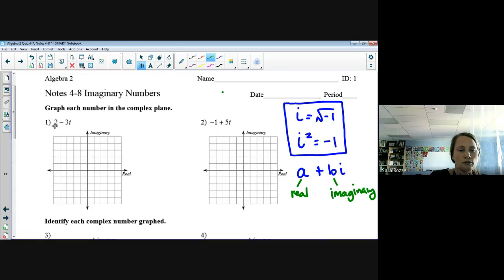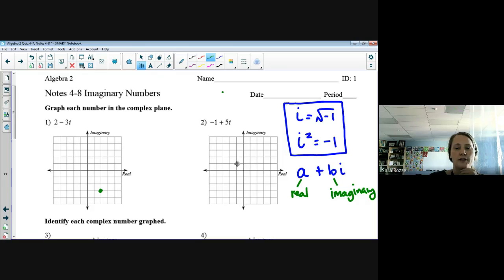So 2 is the real number, right? And -3 is the imaginary. So when we're graphing, we go +2 in the real direction and -3 in the imaginary direction. So start at the origin, +2 in the real, and -3 in the imaginary, and put our point. So I've gone 2 real and then down 3 since it was negative for imaginary. Okay.